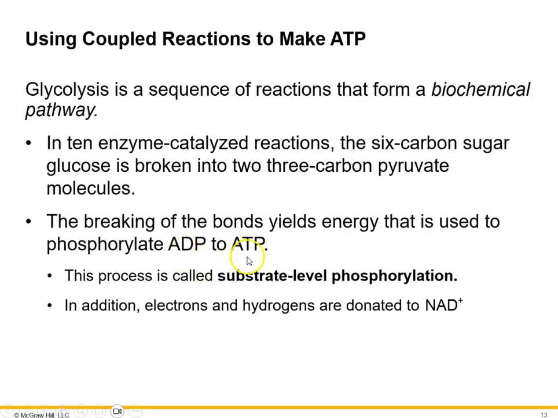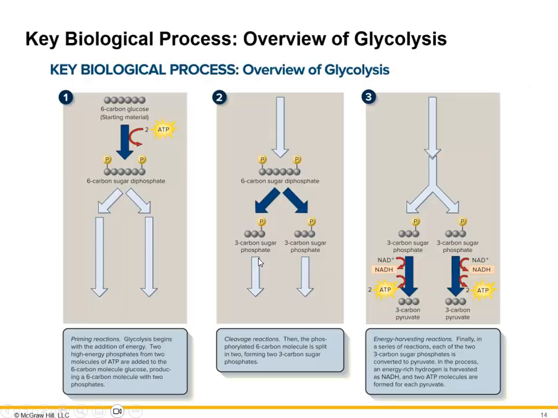Whenever it's phosphorylated, we've added a phosphate, so it becomes adenosine triphosphate with 3 phosphates. That process is called substrate level phosphorylation. In addition, electrons and hydrogens are going to be donated to NAD+, so we have that little bit of NADH that came from the glycolysis process as well.